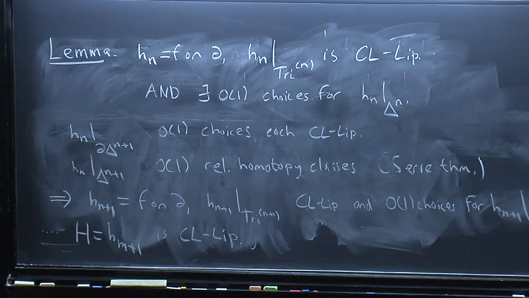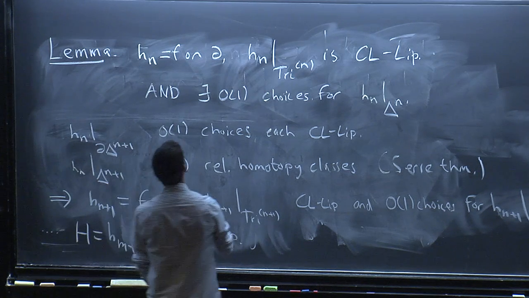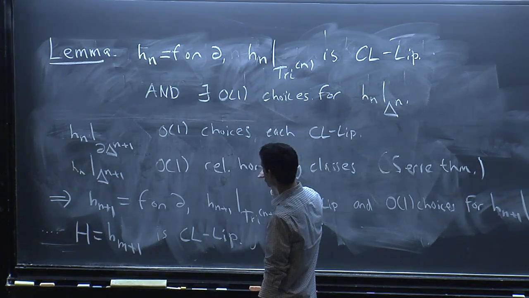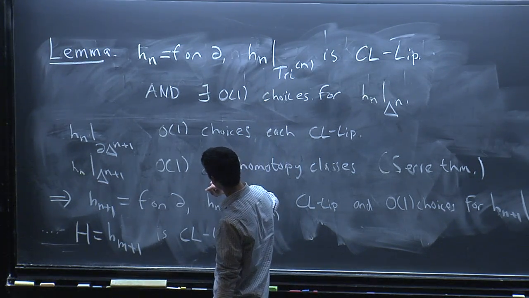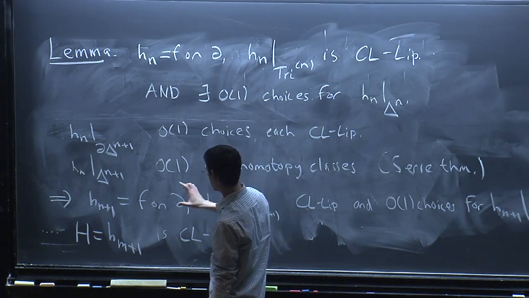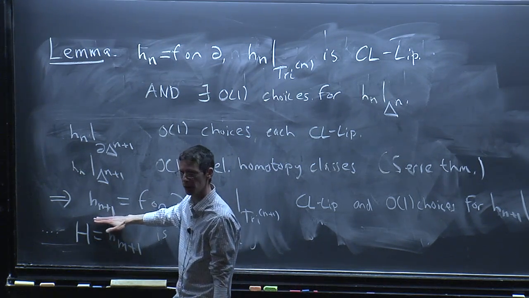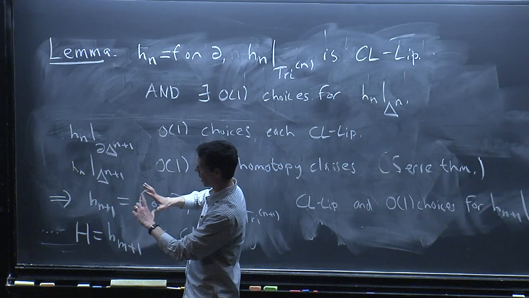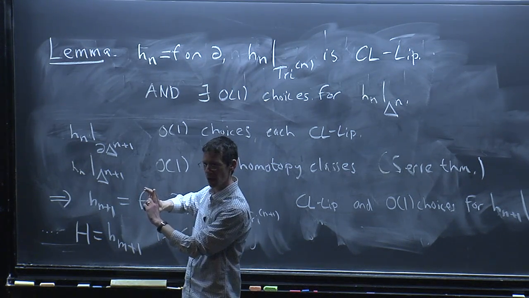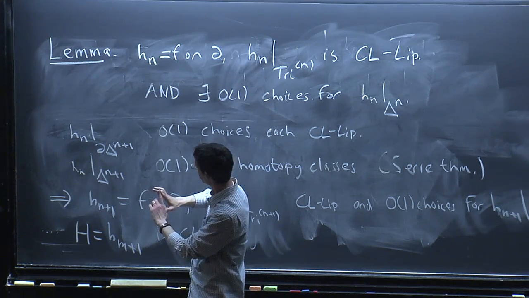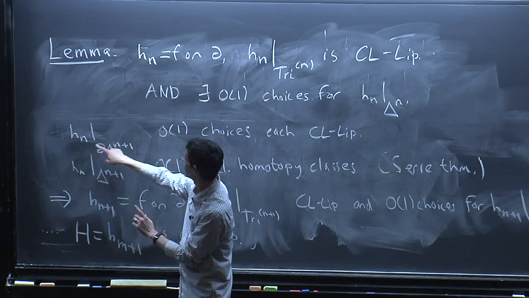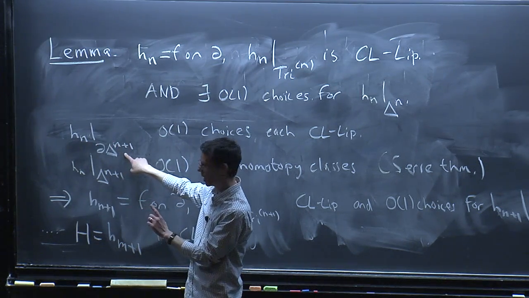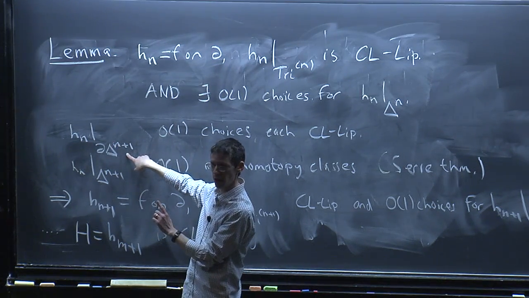Yeah, good question. OK, so I want to define Hn plus 1. And so I pick an n plus 1 simplex, and I want to figure out how to define it. So the first thing I do is I look at Hn on the boundary of the simplex. And Hn plus 1 is going to agree with Hn on the boundary of the simplex.